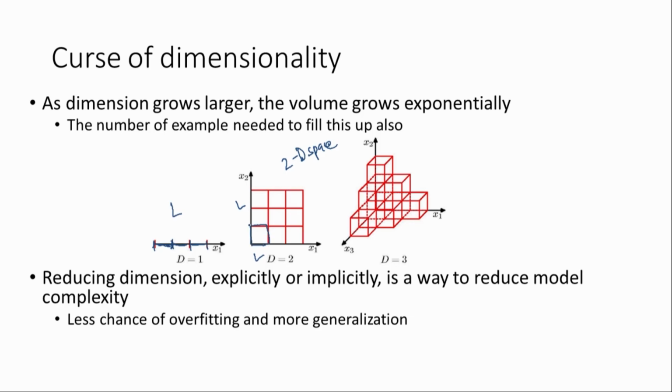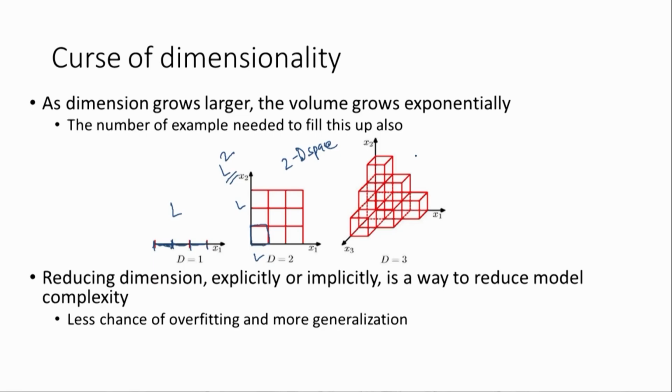So how many unit squares do I need to fill up this area? L square. I'm asking very trivial questions. When we go to 3 dimensions, we need L cube unit cubes to fill up the volume. How many do I need in D dimensions? L to the power D.